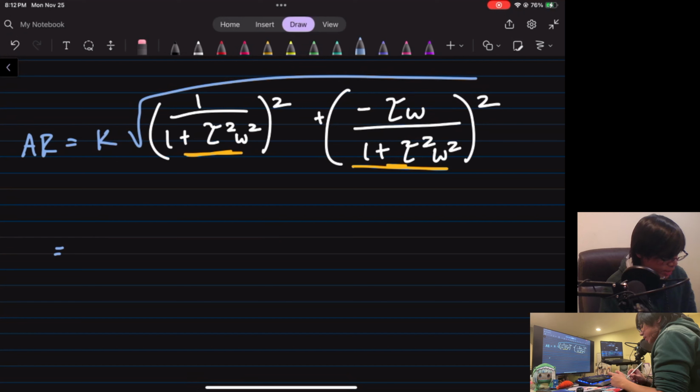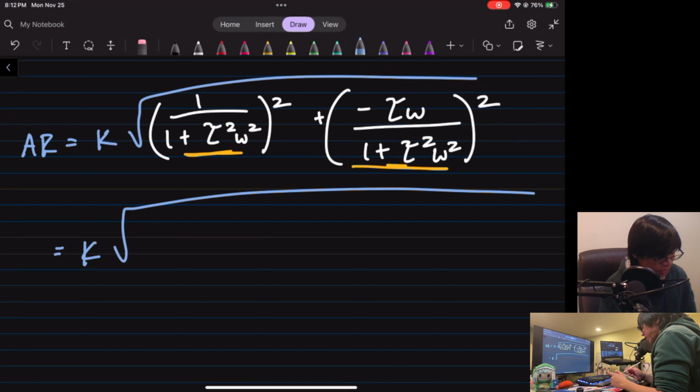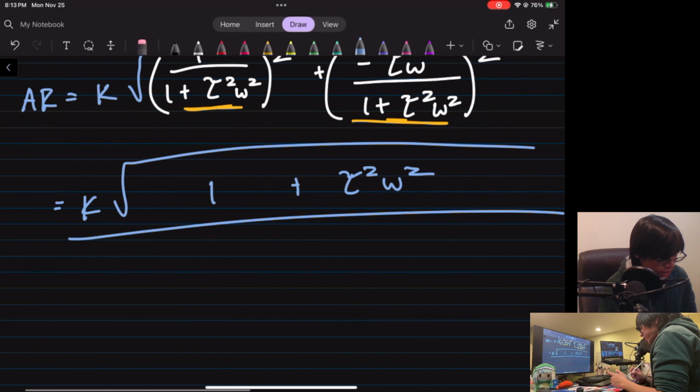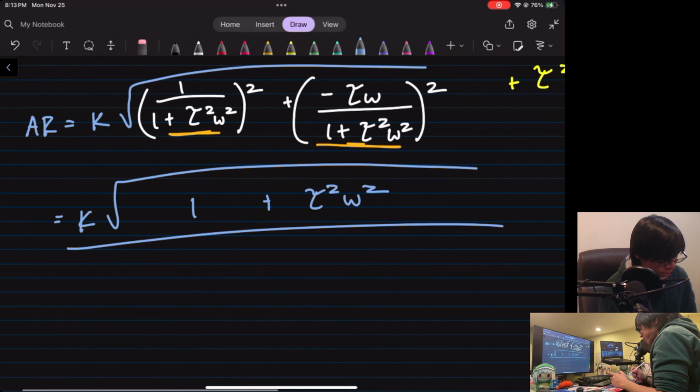So it'll be k over, I'll evaluate the square for the 1, so that's just 1. And then for the second term, tau omega negative, so that's tau squared plus tau squared omega squared. That's all over the denominator, which got factored out since it was being square rooted and squared. So that's 1 plus tau squared omega squared.